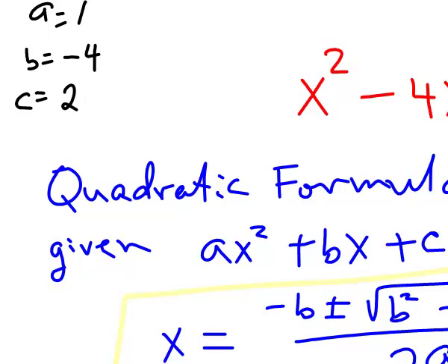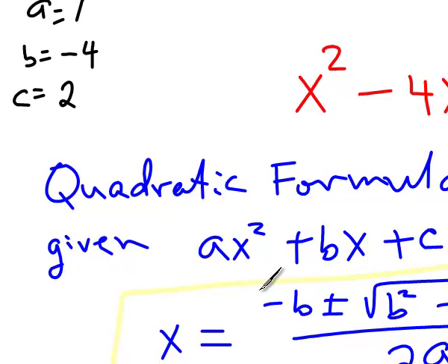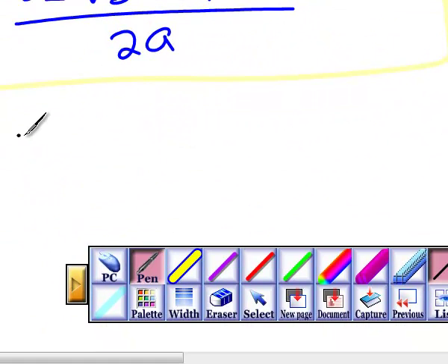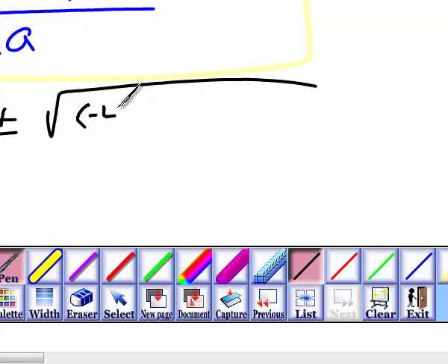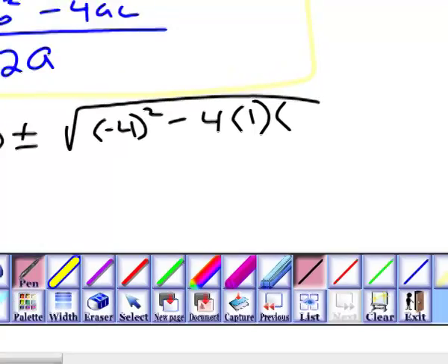Okay, so this is going to be x is equal to, now you see how this minus sign here for the equation is a negative? And then for b, we also have a negative. So this is minus a negative 4 for the b. Plus or minus the square root of b squared, that's a negative 4 parentheses squared, minus 4 times a, we said is 1, c is 2.